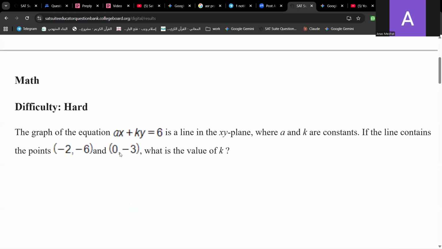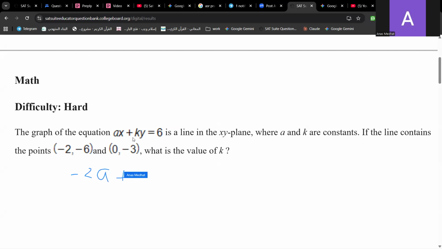The graph of the equation is a line in the xy plane where a and k are constants. If the line contains these two points, what's the value of k? Okay, so we know that the line contains these 2 points.